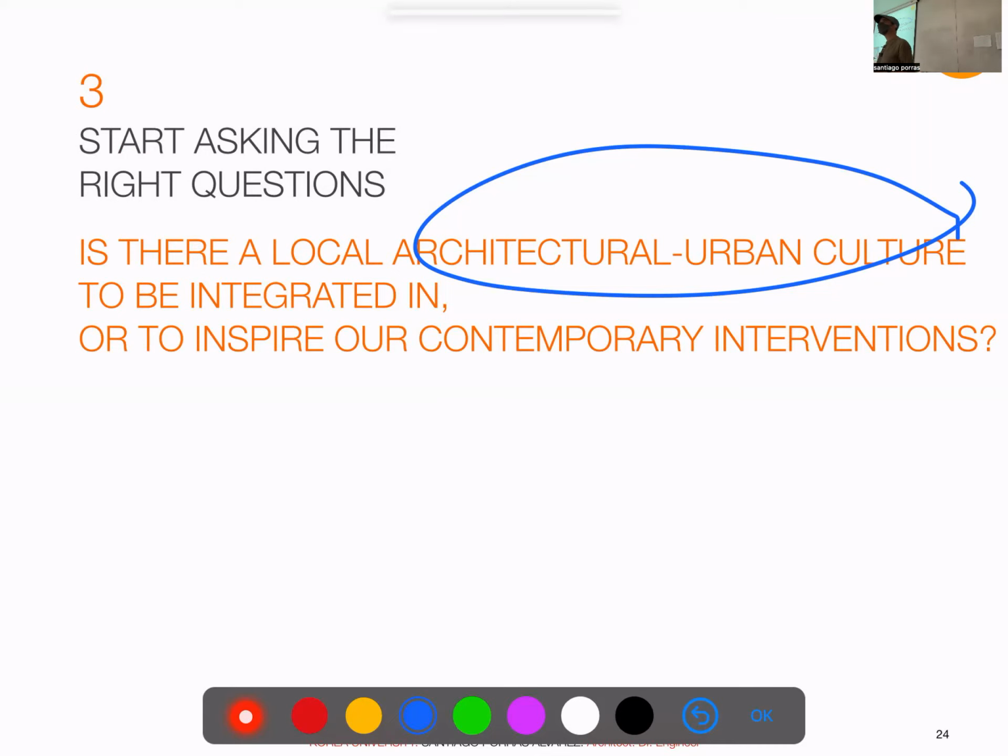So you have to be aware of that. Sometimes we assume everybody is the same, and it's not. Cultural variety is important. It's something which is not necessary to erase.